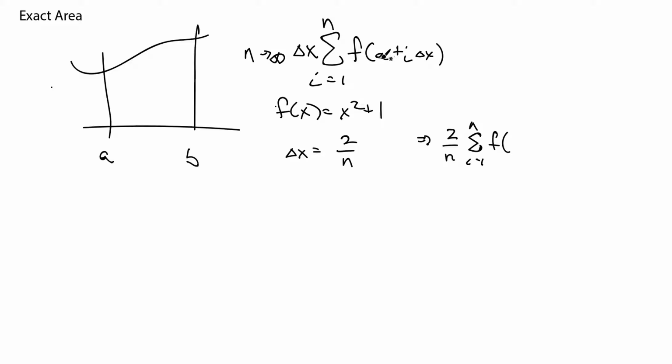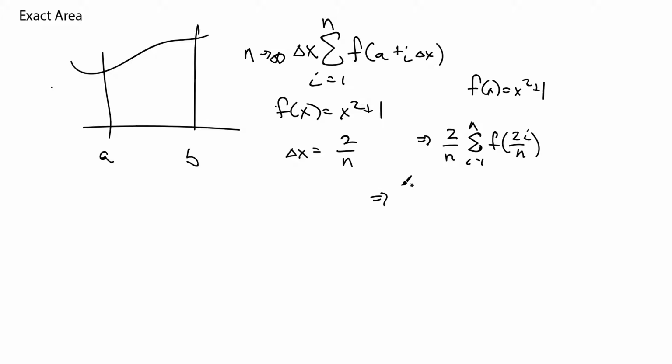We were starting at 0 and going to 2. So plus i times delta x, which is 2i over n. Remember that f of x equals x squared plus 1, so we can actually evaluate this thing.